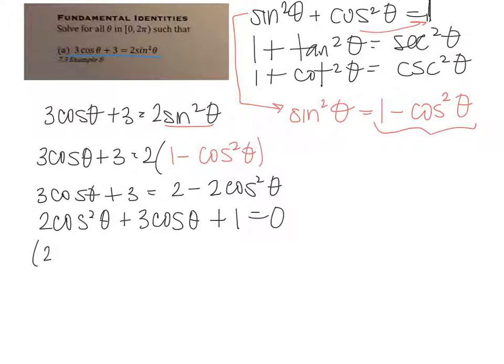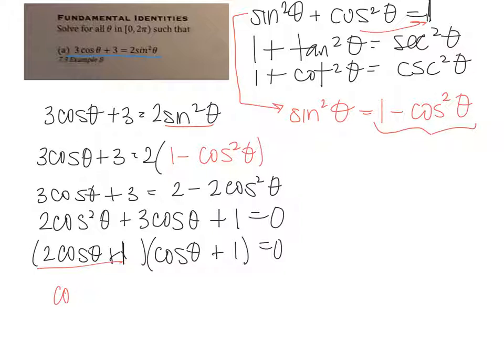So I'm going to go in and factor this. Oh, that's a 1. And start solving my little small simple trig equations. So from this factor, I'm going to get cosine of theta equal to negative 1/2. And then from this factor, I'll get cosine theta equal to negative 1.